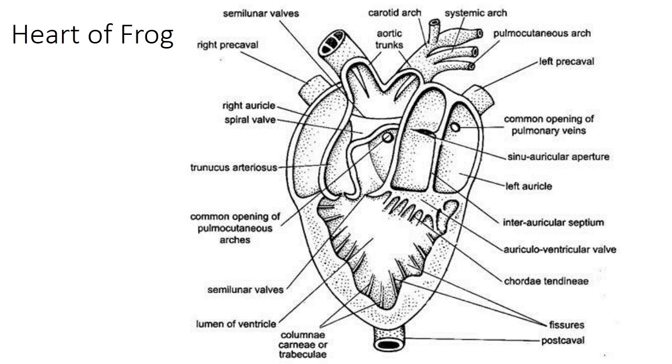You can see from the picture the semilunar valves, which prevent backflow of blood from the truncus arteriosus to the ventricle.